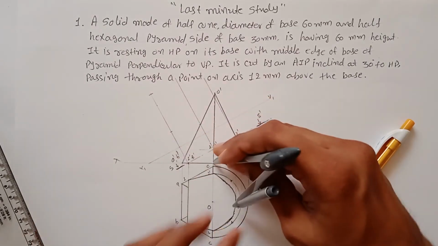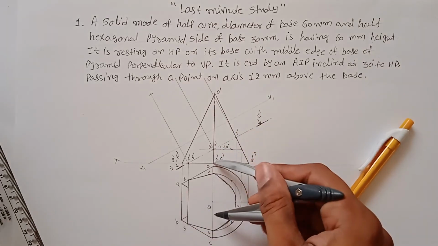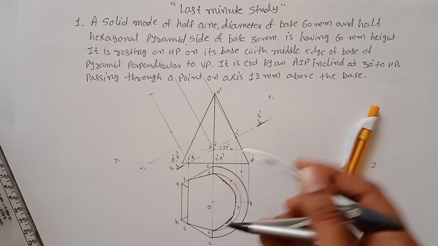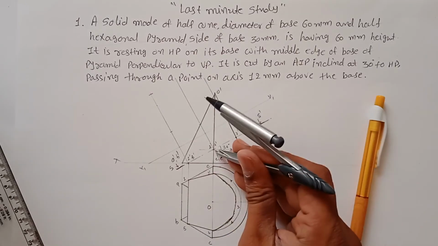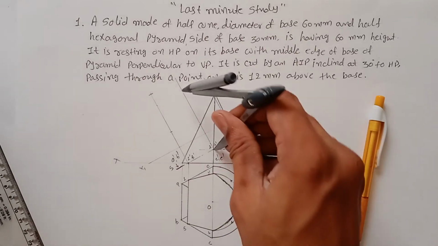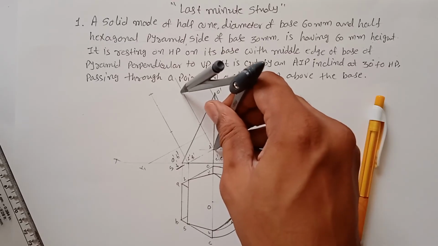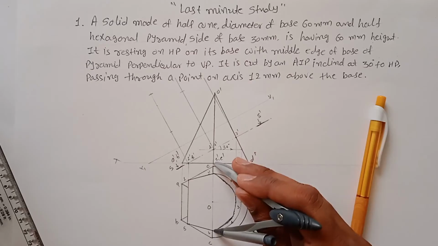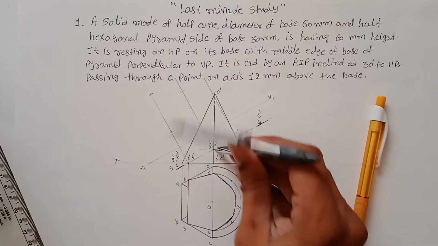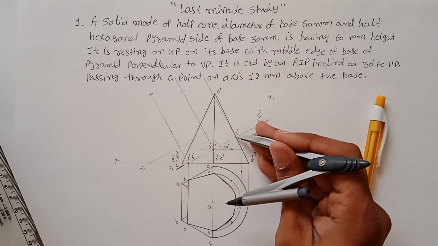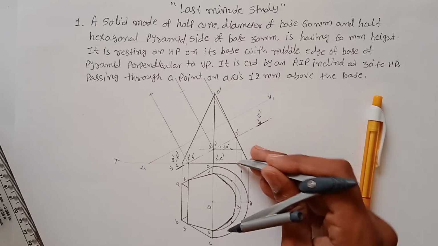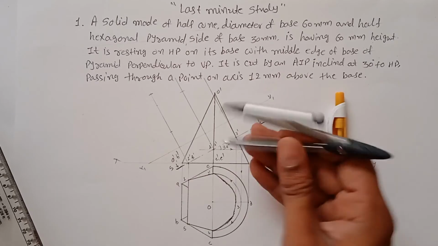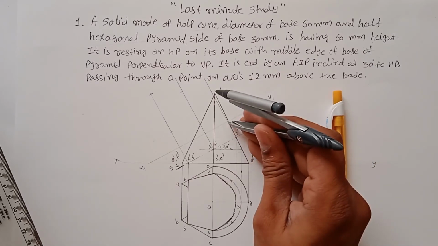And from this point only, you have to transfer the point of 4, this distance from XY, and mark a point here. So this point is your fourth point. Now from the third point, measure it like this and put it on X1 Y1.